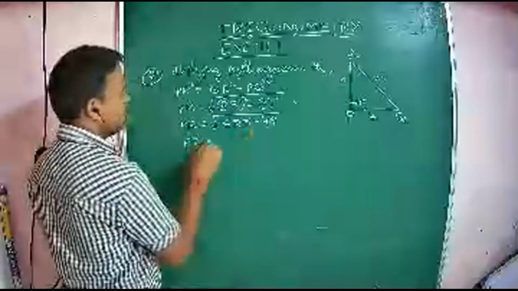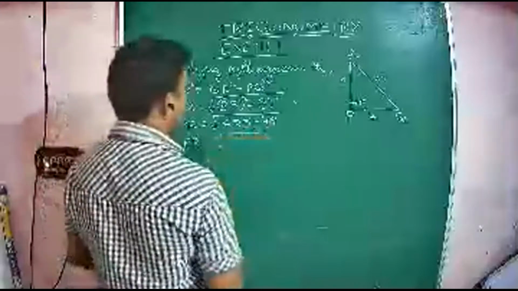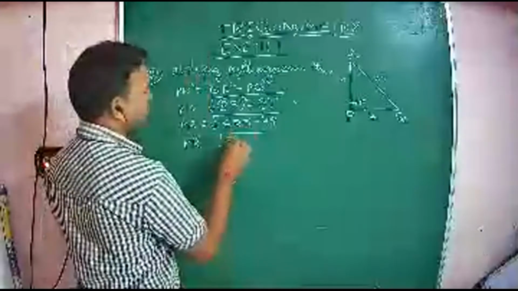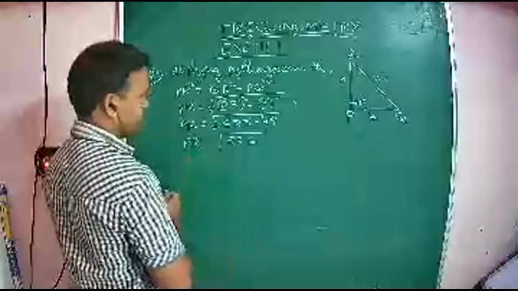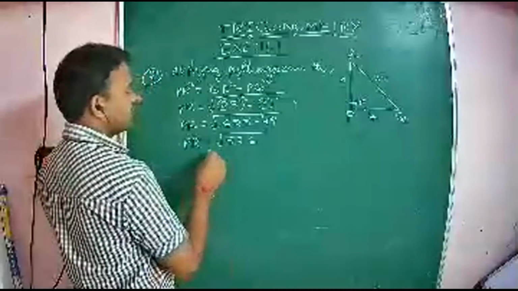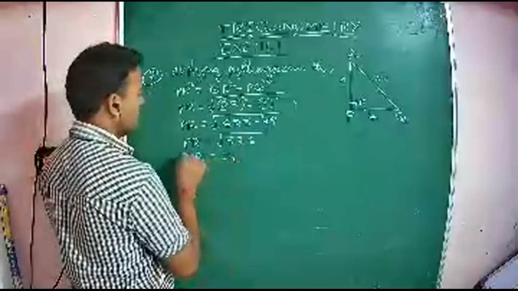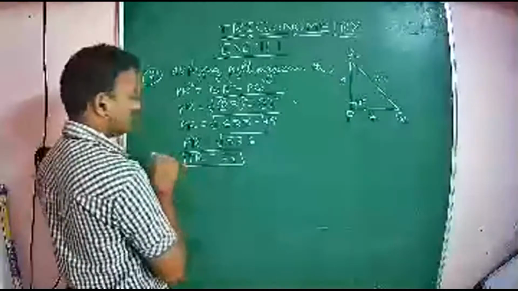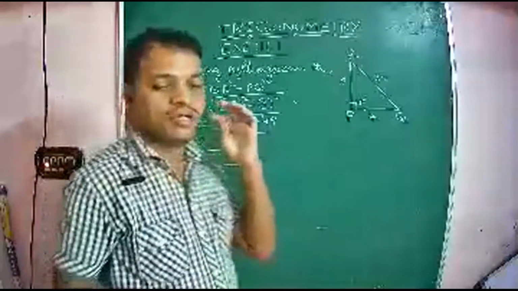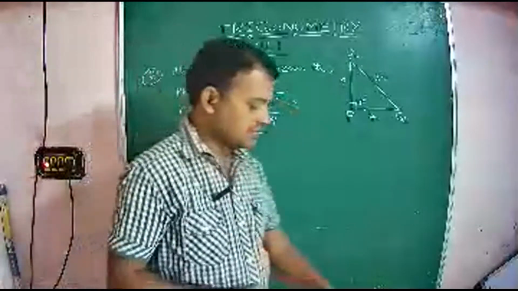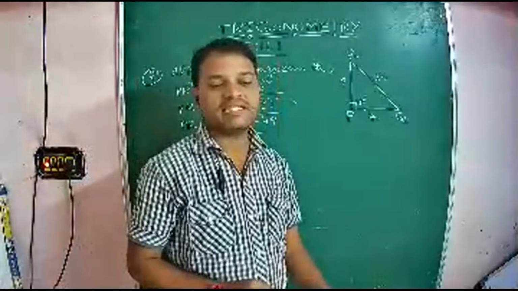So PR is equal to the square root of 576, which will become 24. Okay, 24.